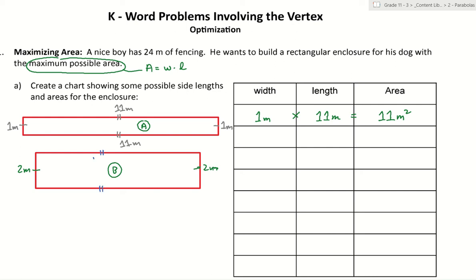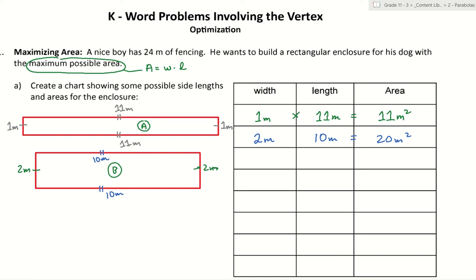So this is 10 up here and 10 down there. 10 plus 10 plus 2 plus 2 is 24. All right, so looking at our width of 2, our length of 10, 20 meters squared. So just by changing the dimensions of this rectangle a little bit, we're still only using 24 meters of fencing, but the areas of the two rectangles are quite different.